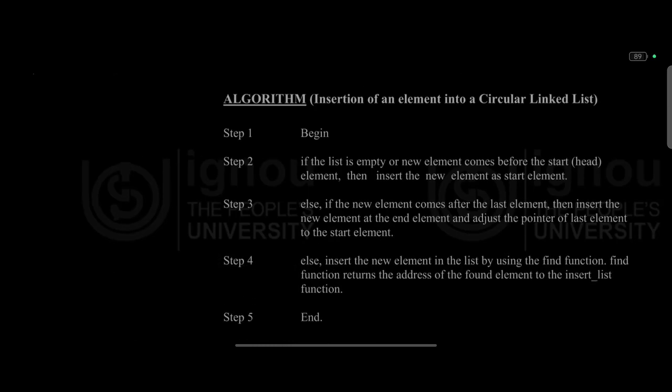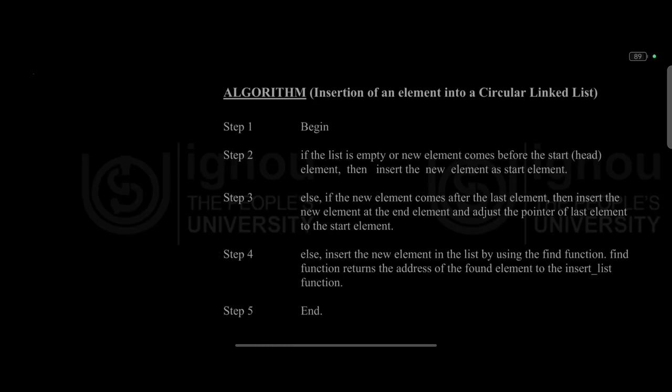Insertion of an element into a circular linked list. Step 1: Begin. Step 2: If the list is empty or the new element comes before the start (head) element, then insert the new element as the start element.